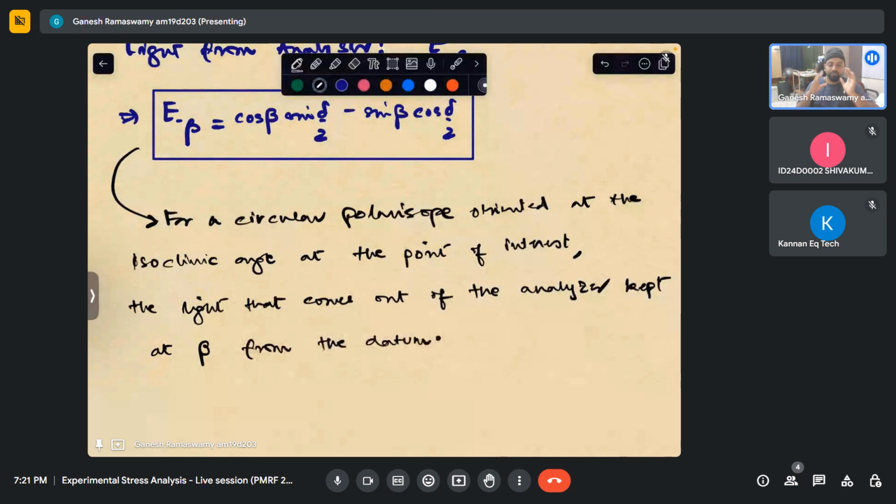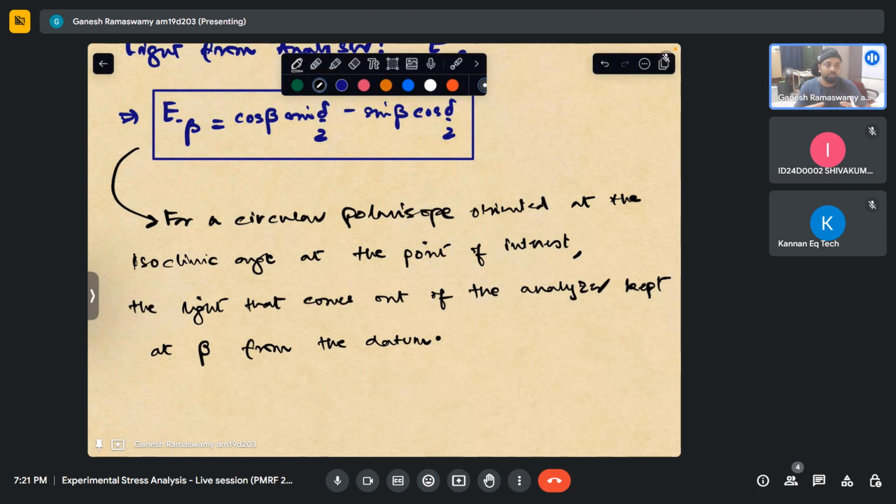So once I have aligned my circular polariscope to theta p, which I found initially, and put my analyzer at beta degree with that datum, this is the light that comes out at me after the analyzer.